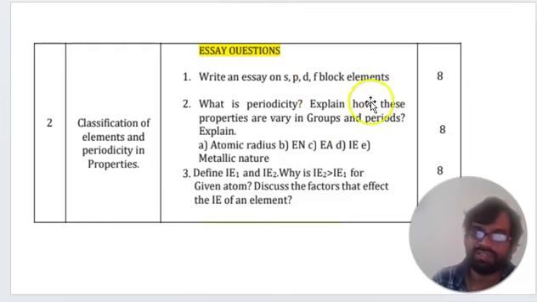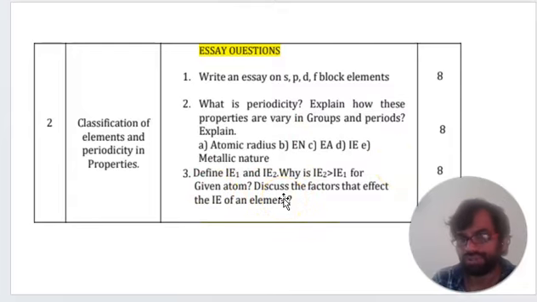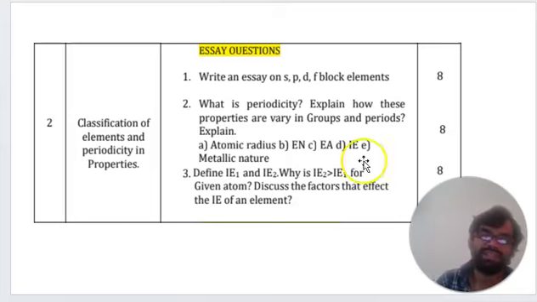The second question is: what is periodicity, explain how these properties vary across groups and periods, such as atomic radius, atomic size, electronegativity, ionization energy, metallic nature. The third question is very important, especially on ionization energy: first ionization energy and second ionization energy and the factors affecting ionization energy. These are the three important long answer questions in classification of elements and periodicity of properties.